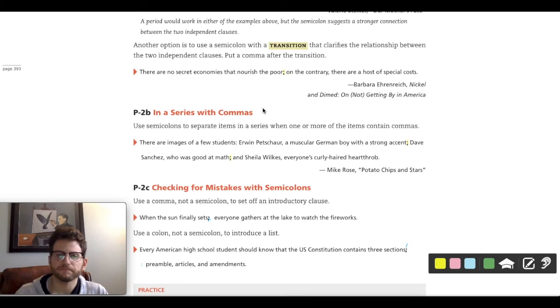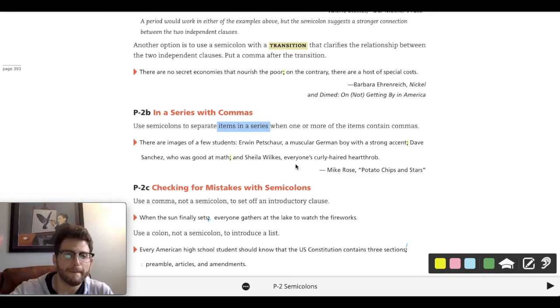The other 5% is with what's called a complex list, or the way the book describes it, a list where the items in the list or the items in the series have other punctuation within them. Okay, so let me say that again.